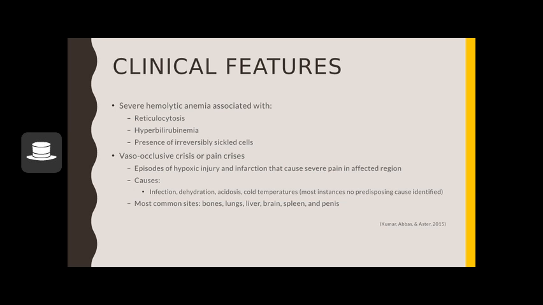Vaso-occlusive crises, also called pain crises, are episodes of hypoxic injury and infarction that cause severe pain in the affected region. Although infection, dehydration, and acidosis can act as triggers, in most instances no predisposing cause is identified. The most commonly involved sites are the bones, lungs, liver, brain, spleen, and penis.